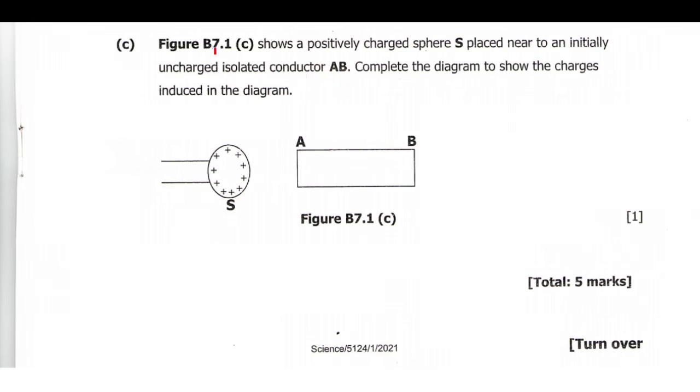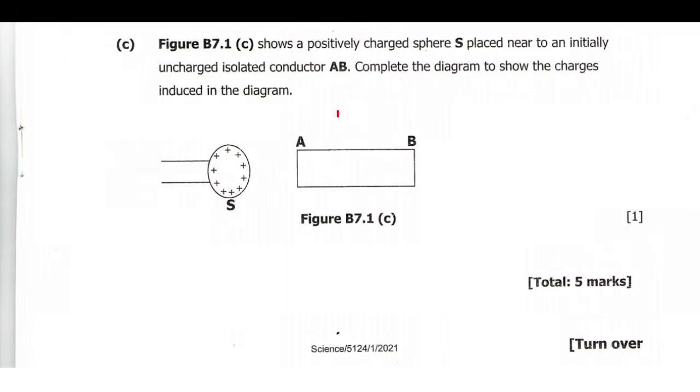So figure B7.1c shows a positively charged sphere placed near to an initially uncharged isolated conductor AB. Complete the diagram to show the charges induced in the diagram. Alright, so we have a sphere S which is charged, and then we have conductor AB which is uncharged.